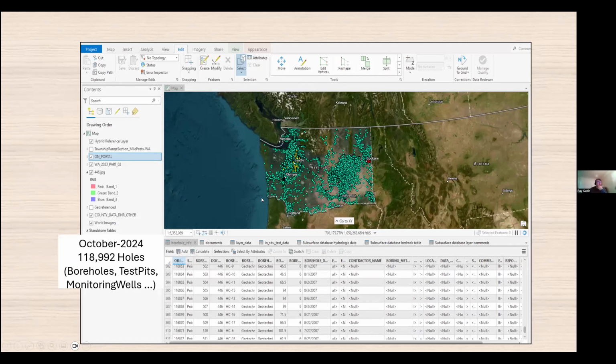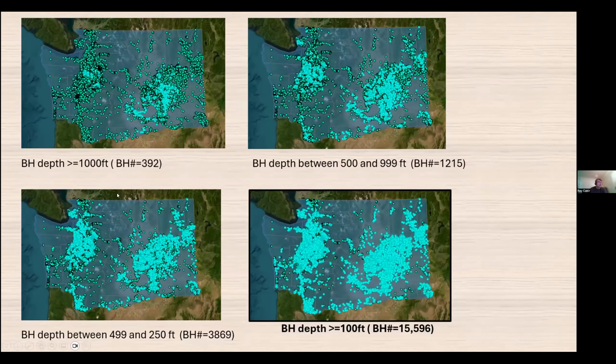So here's the current map from my desktop. As of October, like yesterday, we do have 118,992 holes. They are boreholes, test pits, monitoring wells, etc. Some of those I highlighted. For example, boreholes with depth greater than 1,000 feet number 392, and they are available to the public right now.